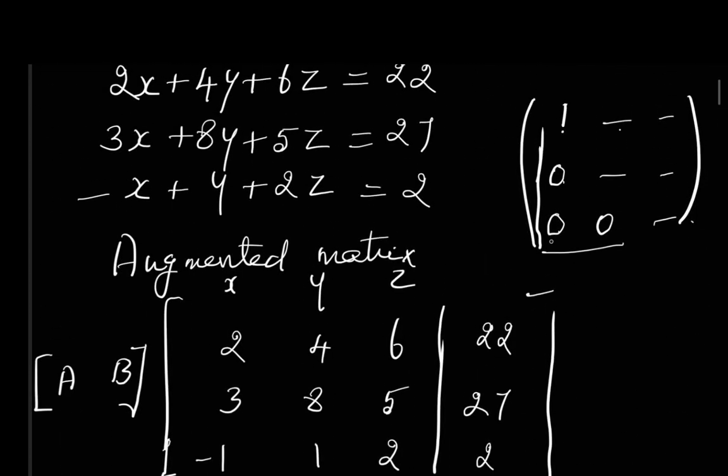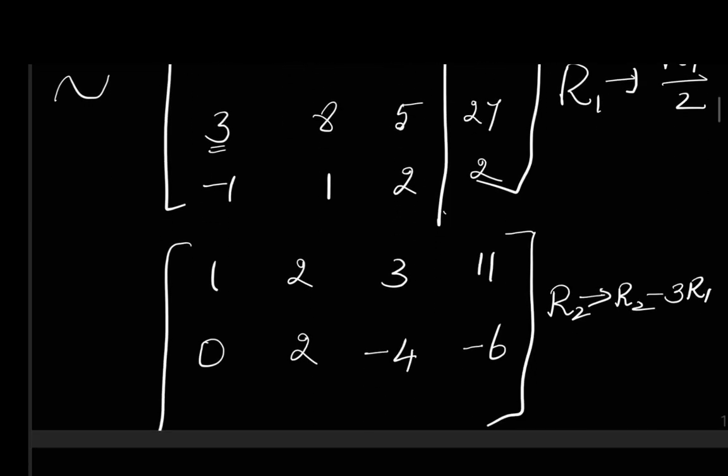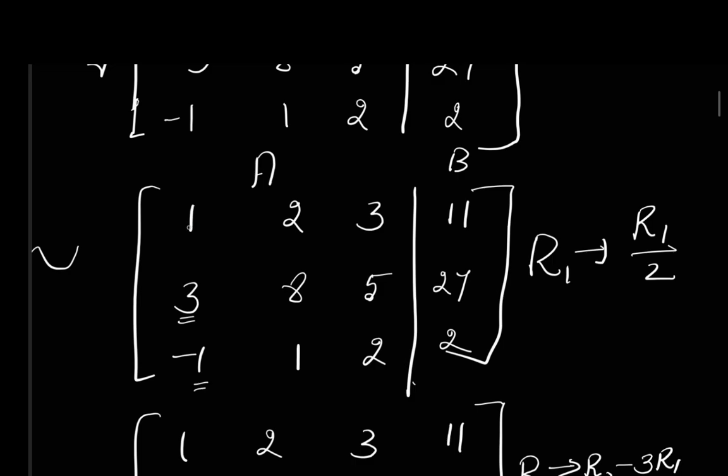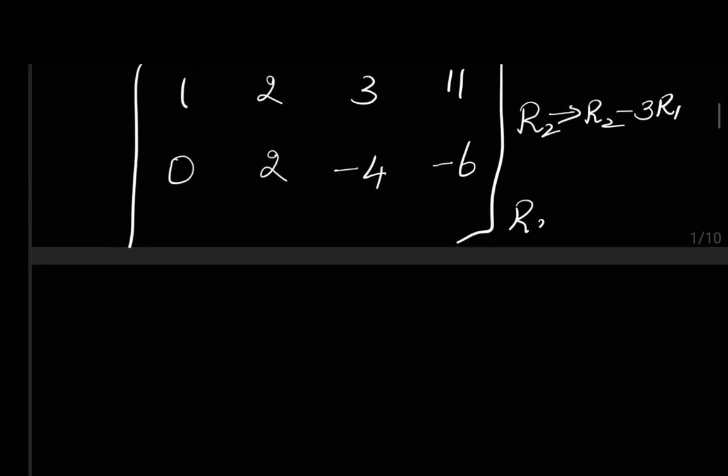Again, the first entry in the third row must be 0. I have to make this minus 1 as 0, so compare R3 with R1. 1 minus 1 is 0. So R3 becomes R3 plus R1.